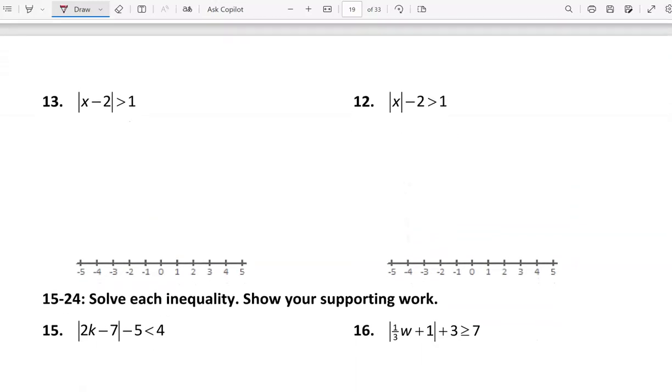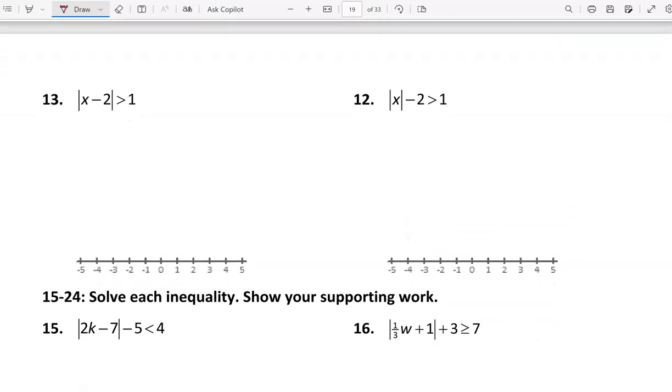For number 13, we have the absolute value of x minus 2 is greater than 1. Where do we find numbers that have a distance away from 0 that is bigger than 1? Those numbers are going to be on the two sides of the number line. So x minus 2 can be less than -1, or x minus 2 can be greater than 1.